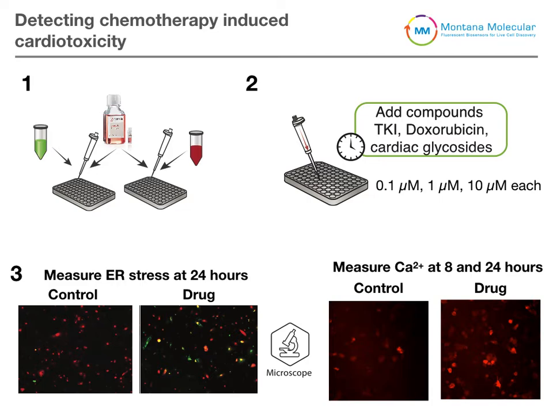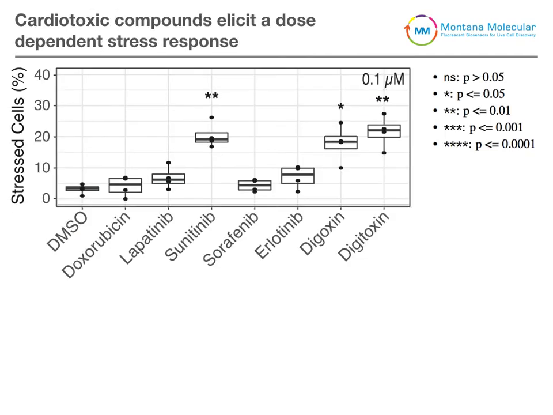We first quantified cell stress using a method that detects the percentage of green or stress cells within a population of cells that have been transduced with the stress sensor. And what we can see is that if we look at the increase in the percentage of stress cells upon treatment with each of these different compounds, we can see that the cardiac glycosides, digoxin and digitoxin, increase cell stress at lower concentrations, along with one of the tyrosine kinase inhibitors, sunitinib.